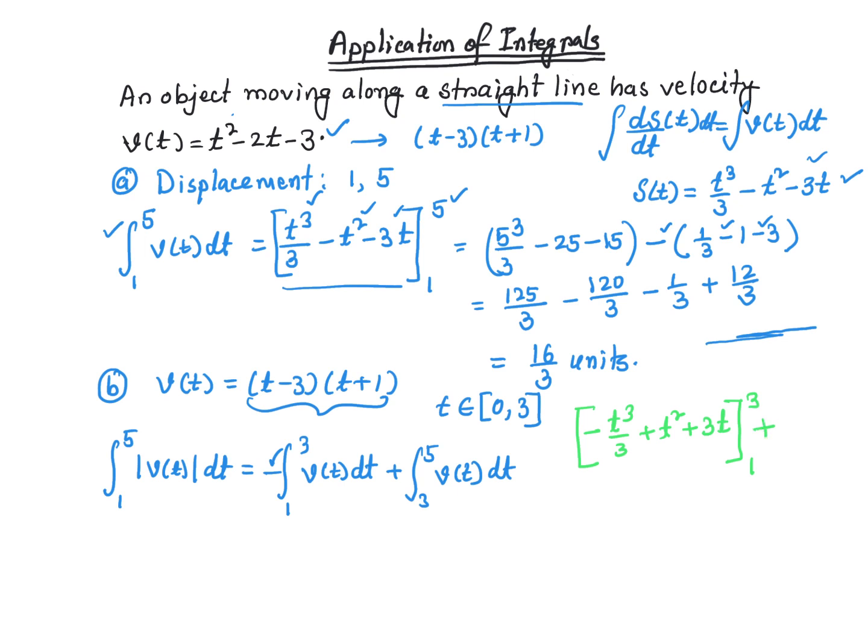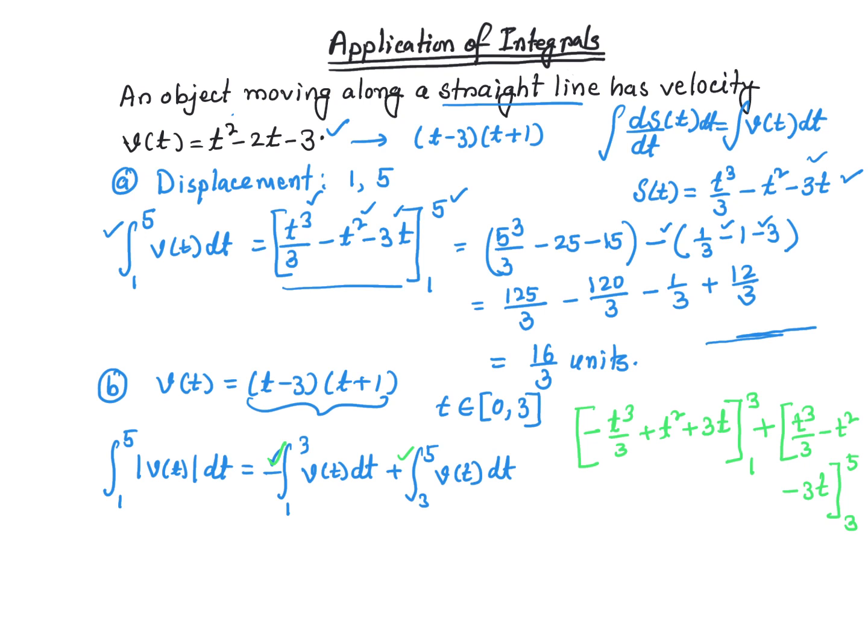Then I'm going to add the regular one. This one is positive, the other is negative, remember. It's t cubed over 3 minus t squared minus 3t evaluated from 3 to 5.